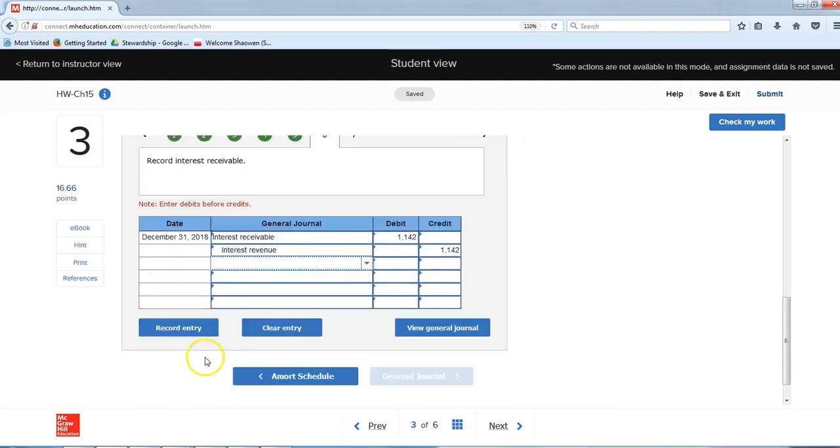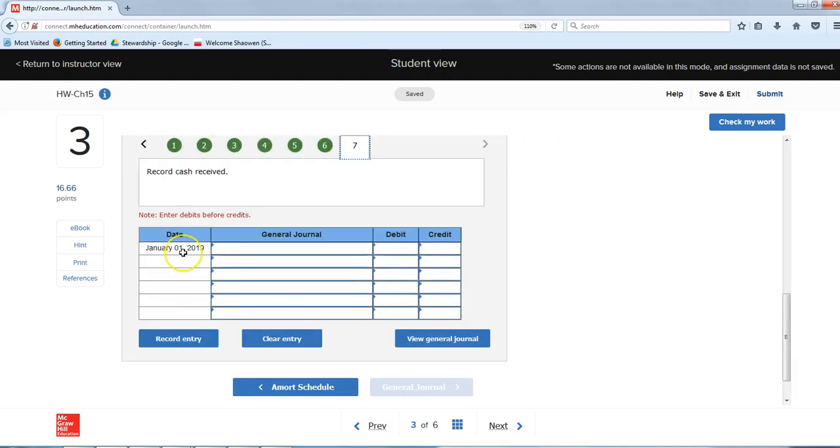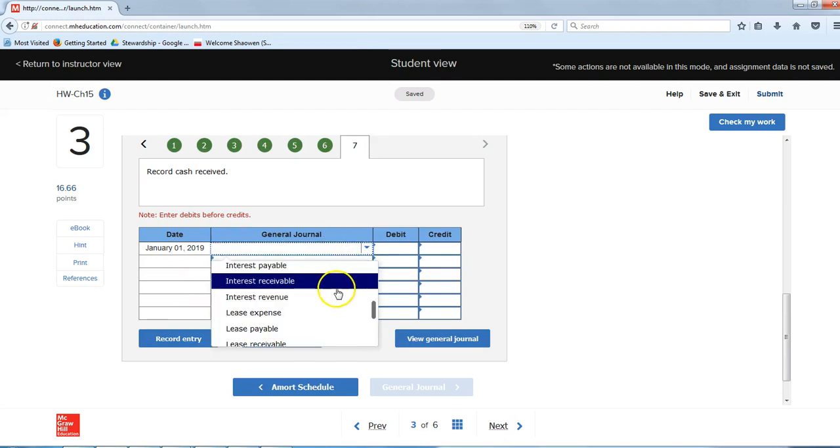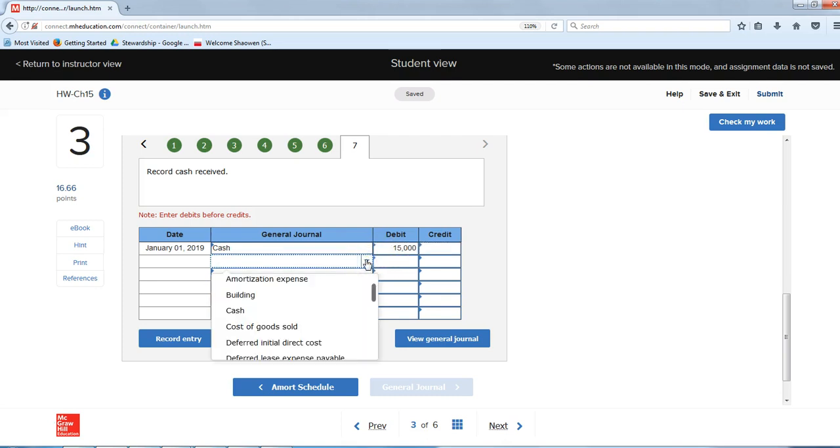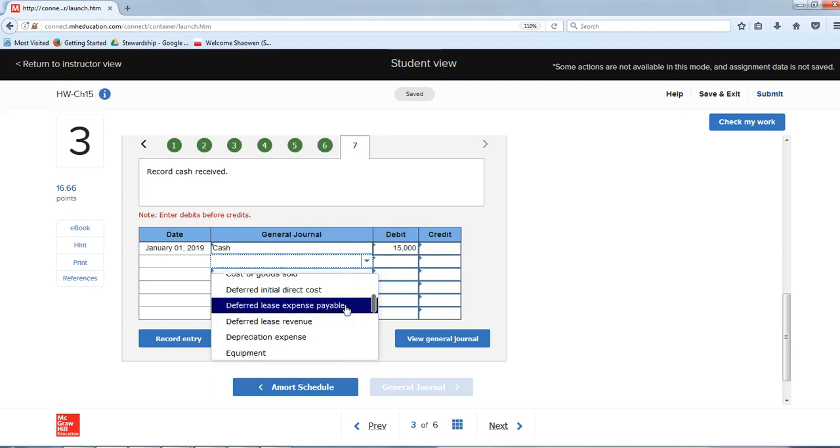And then January 1st, 2019 is the day they actually receive cash. So they debit cash of 15,000 and then retire the interest receivable because now they receive the interest.